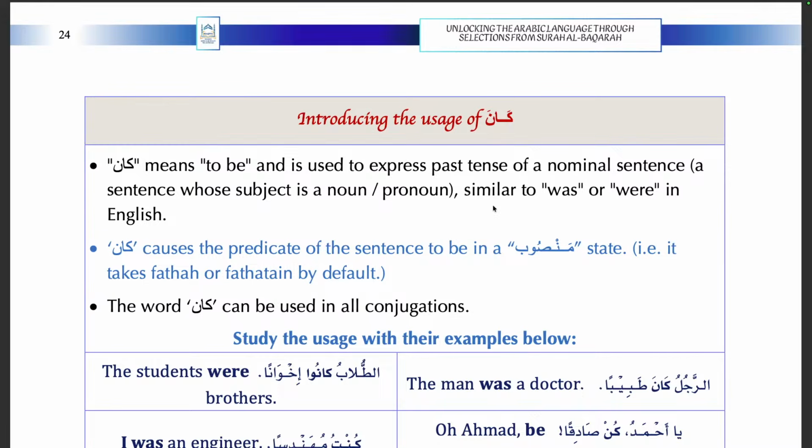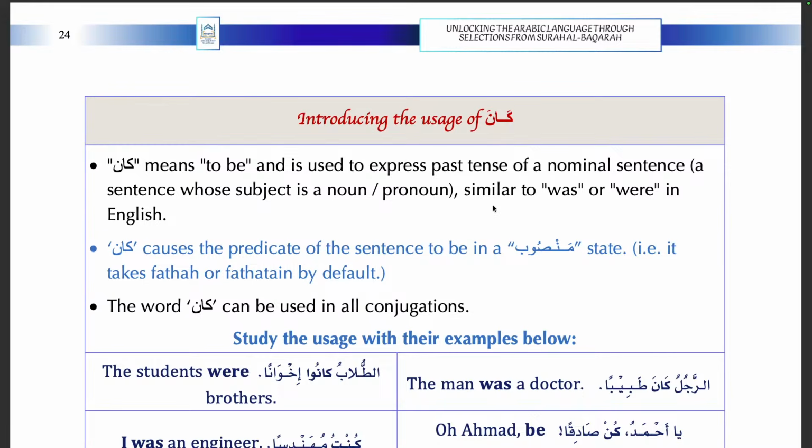Right? That is kana. So this word kana and yakunu is used with nominal sentences. The origin of these sentences is a nominal sentence.